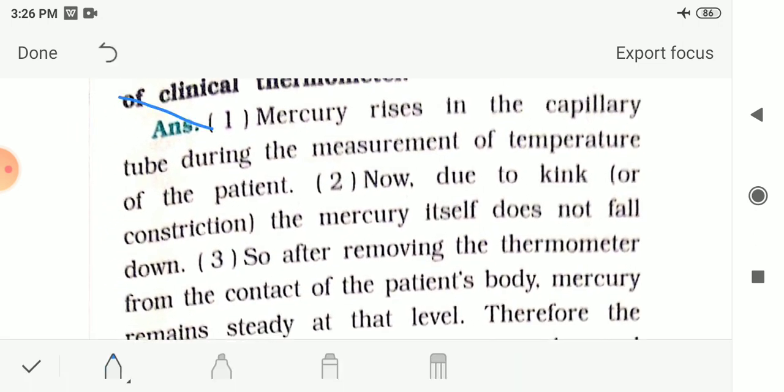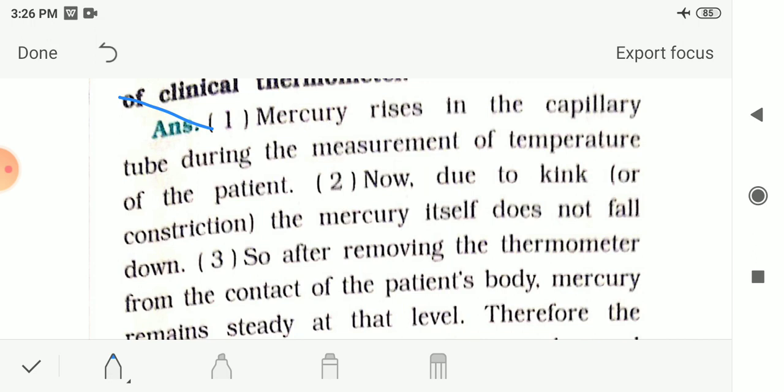The first reason is mercury rises in the capillary tube during the measurement of temperature of the patient. Capillary tube means the thin tube inside the clinical thermometer in which the mercury is there. In that tube the mercury rises when we are measuring the temperature of any person.